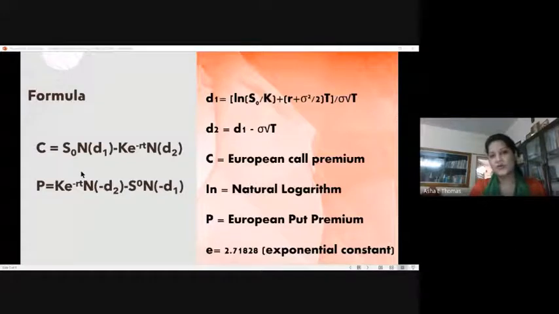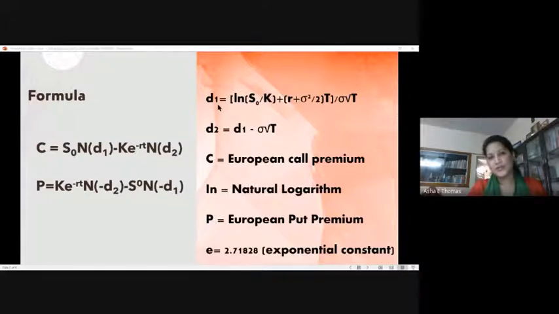So first we are going to discuss the formula of call premium, how to compute it. As you know, this is the spot price, S. And we have D1.